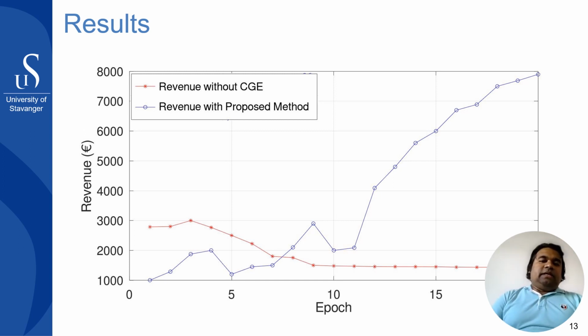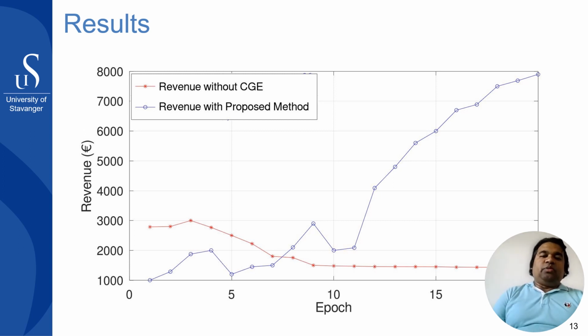That's why we used CGE, and we needed to show that as well. You can see that revenue without CGE is much higher at first, but it goes down very rapidly, which is not good.